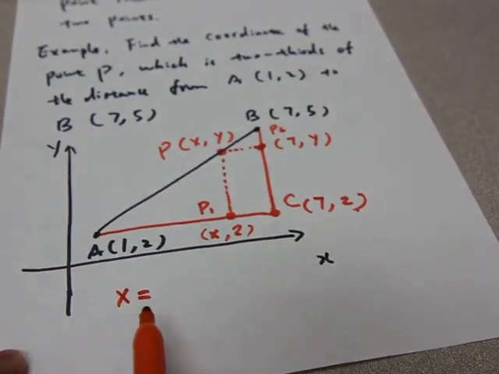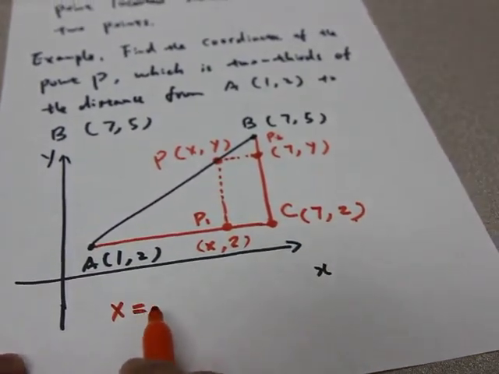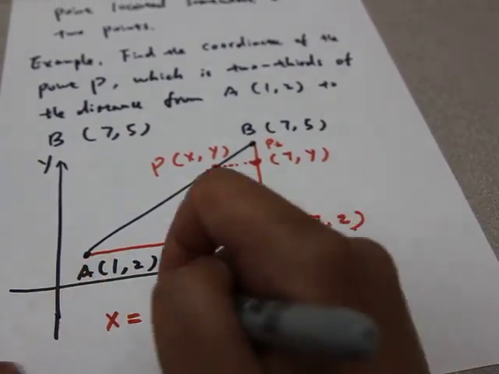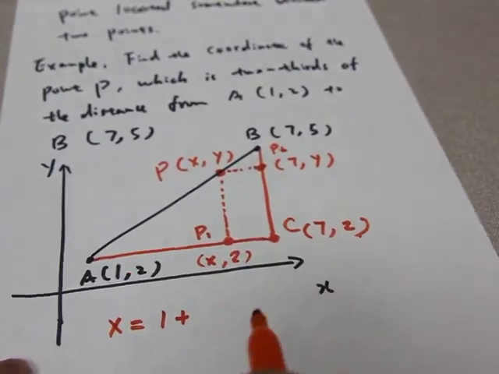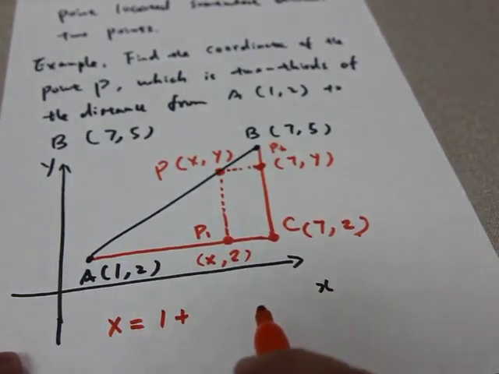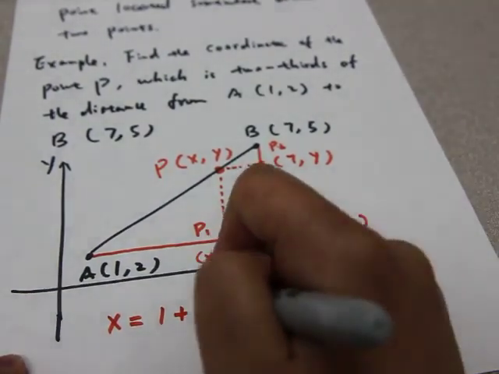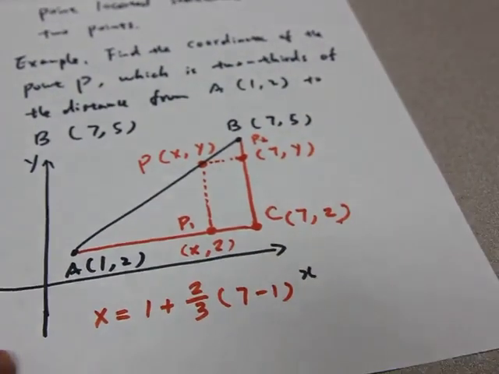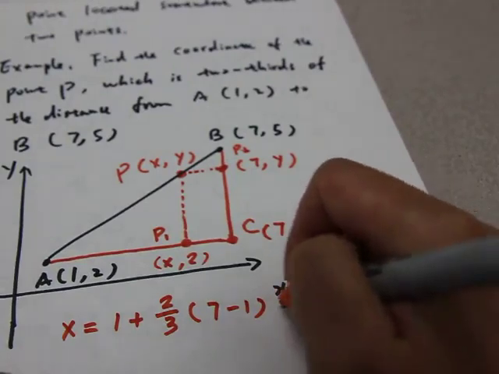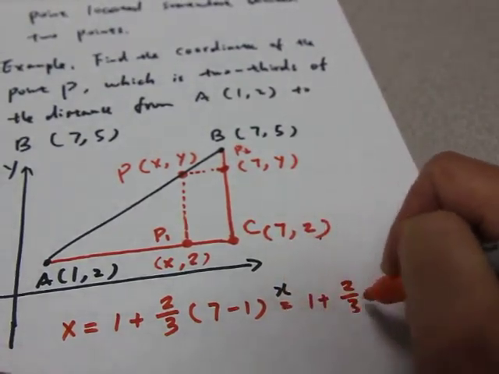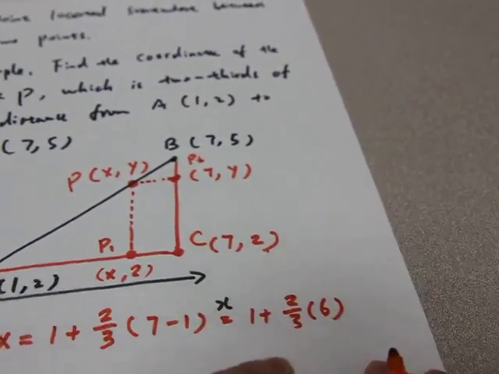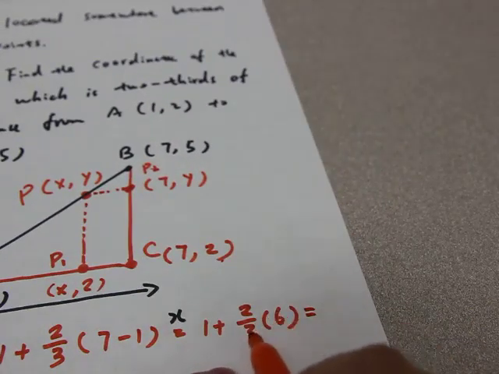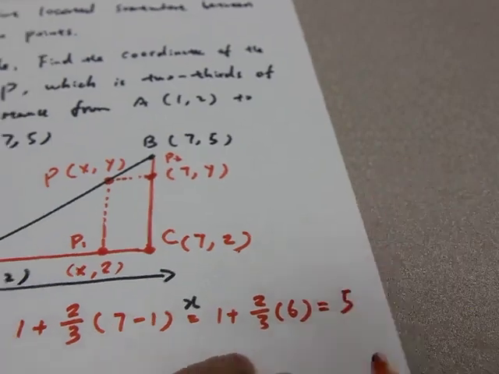So let's first find the x. So x is located from 1 to 7. And it's located 2/3 of the distance from 1 to 7. So this is 2, it's 5.